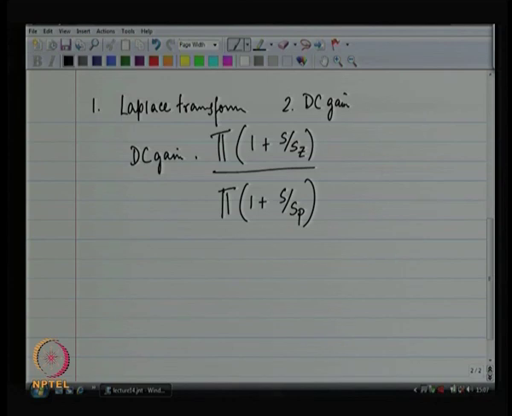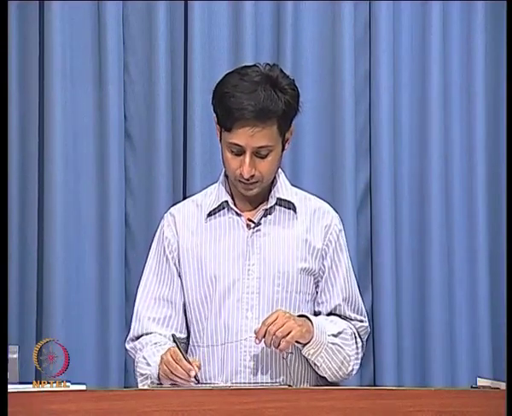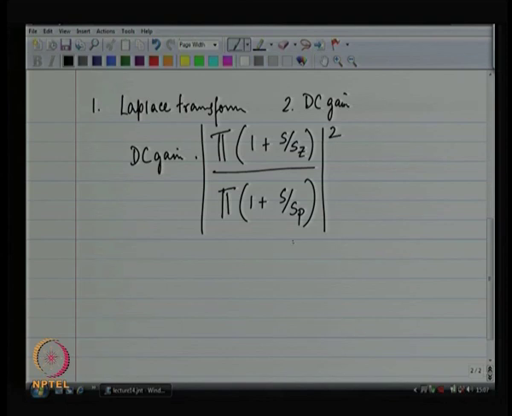You want to find out omega, j omega, such that this quantity is equal to half.